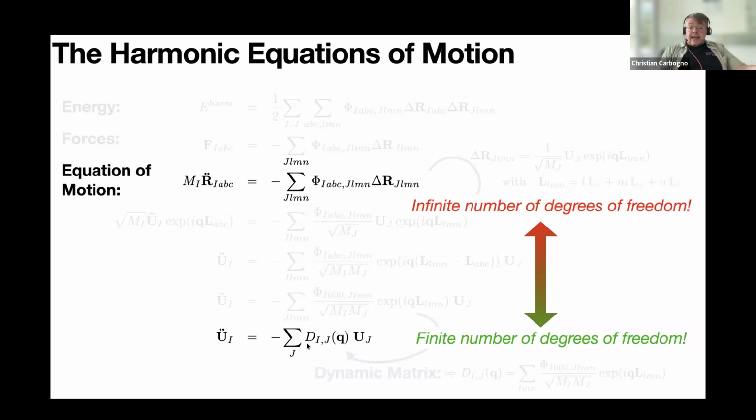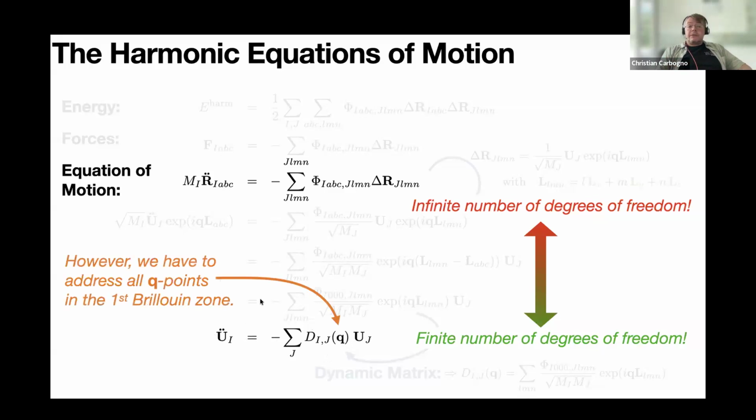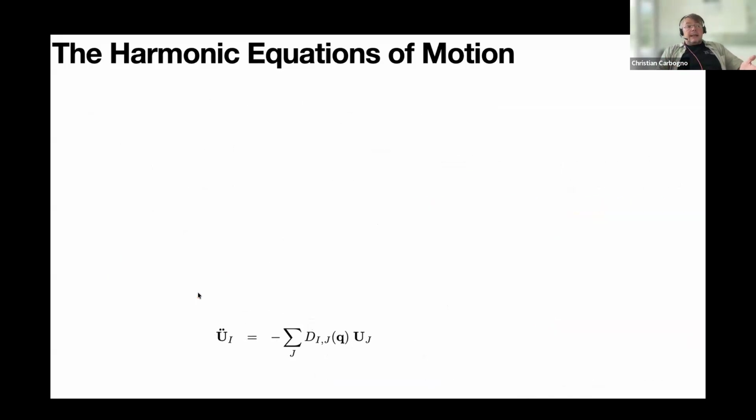But then we have the additional complexity that we get a Hamiltonian that is k vector dependent, so it also depends on the k points in the first Brillouin zone. This is the exact same thing that we see here. So we have to address this at all q points in the Brillouin zone. The nice thing is we can do that relatively easily.